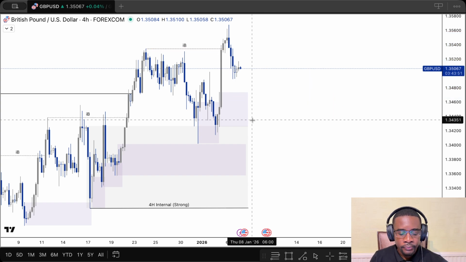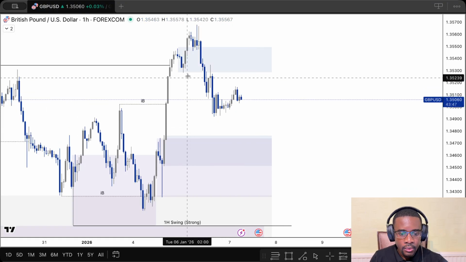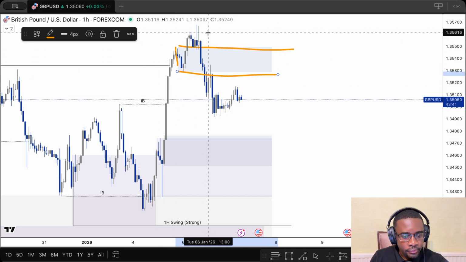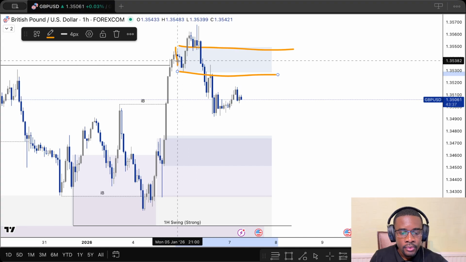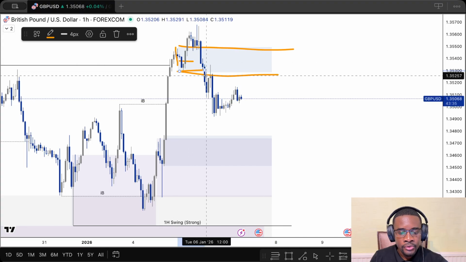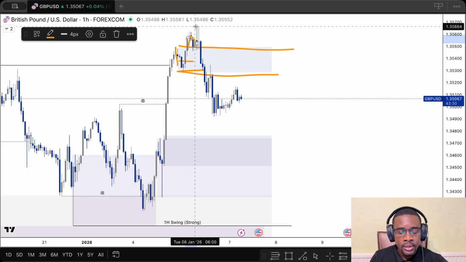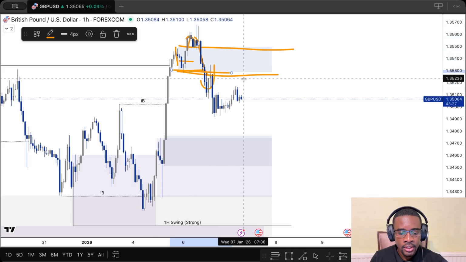When you look at 1 hour, we had our area of demand right here, and that demand was not respected. It had a shallow push up, and then we had a pullback, and we actually violated that demand.